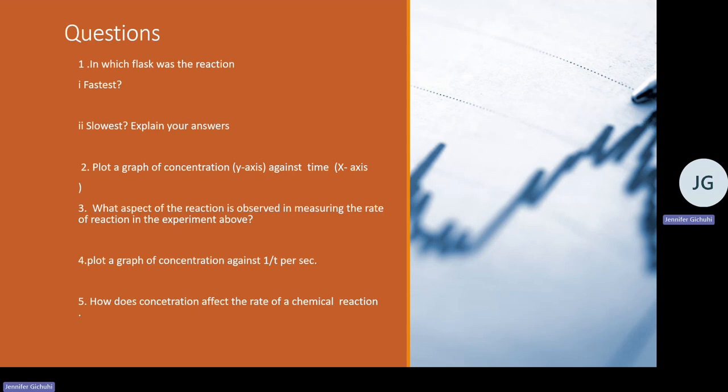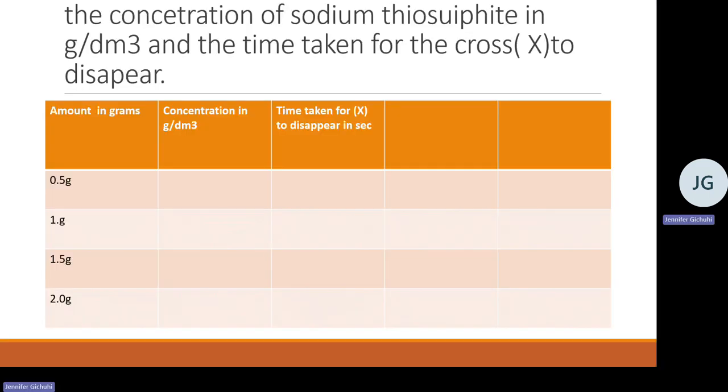Now, for question number 4, I would wish that on that table that I gave you above, that column that is not written anything, you add 1/time. You already have time, and the time should be in seconds.